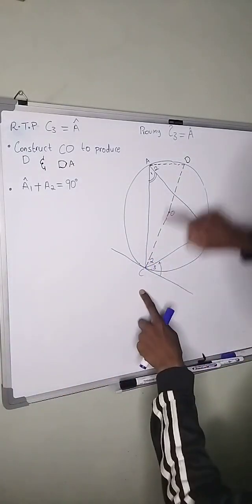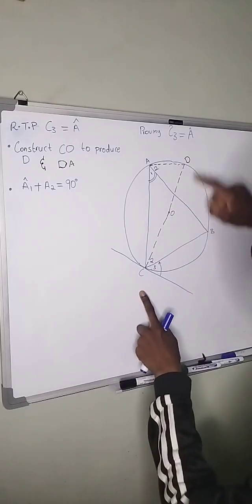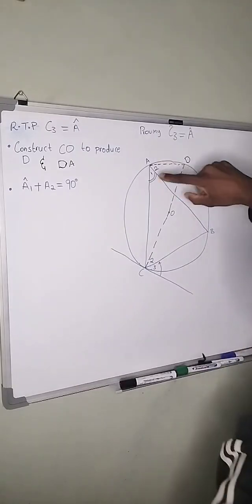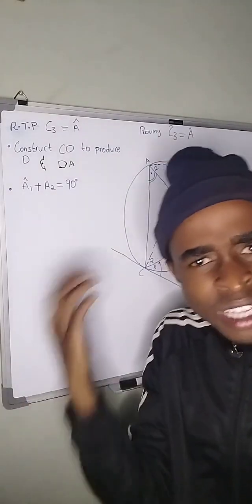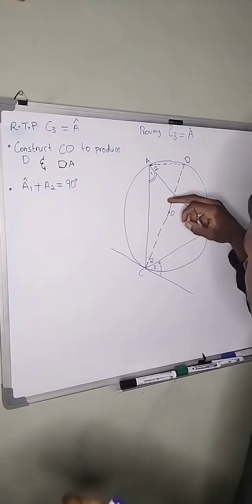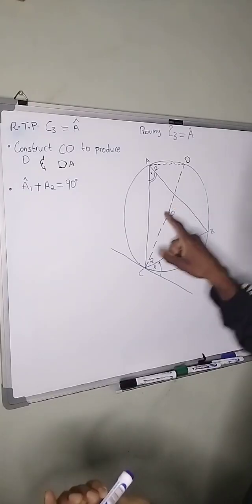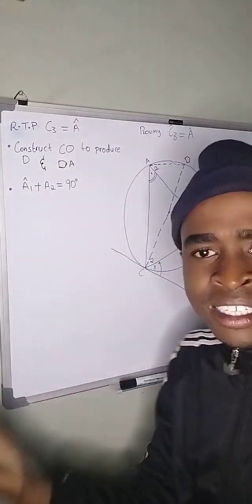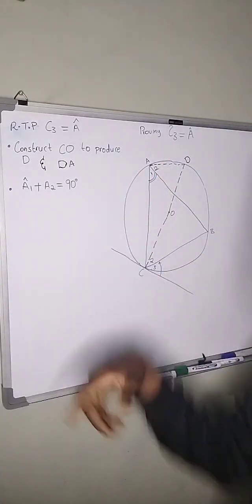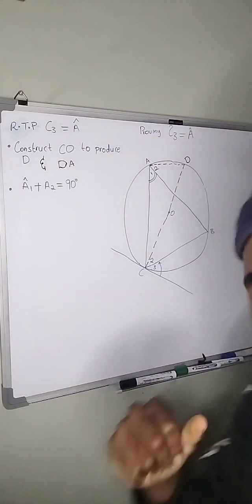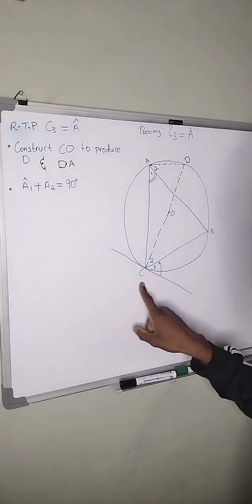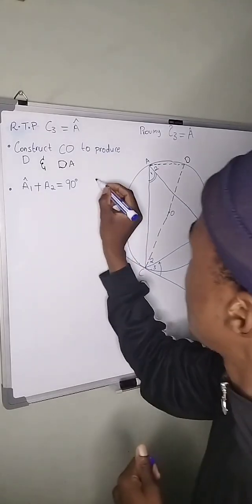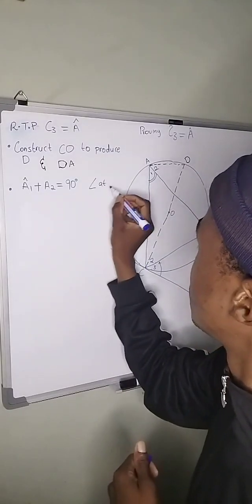This is the diameter, and it subtends an angle of 90 degrees. You can even prove that with theorem 2: this angle is 180, which is twice the angle at the circumference, so 180 divided by 2 is 90. So A1 plus A2 is 90 degrees. The reason is the angle at the semicircle.